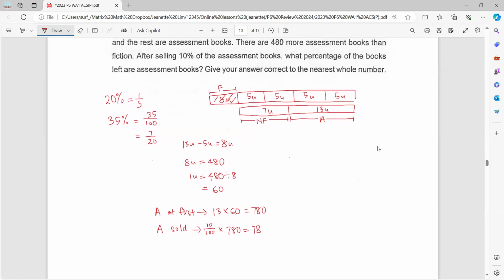Then let's find A left, assessment books left, which is the total at first minus what is sold. Now I have my assessment books in the end. That's half of what I need. The other half will be the total in the end. Let's find total at first.